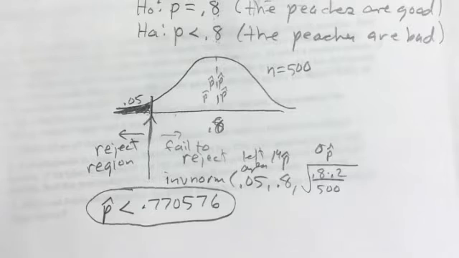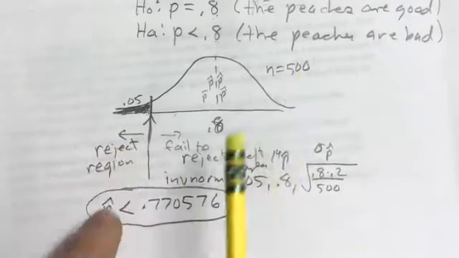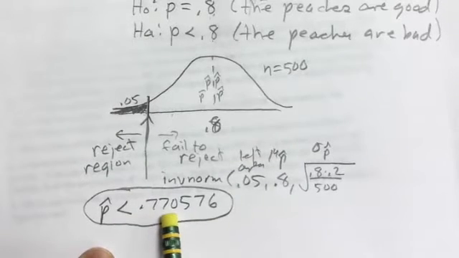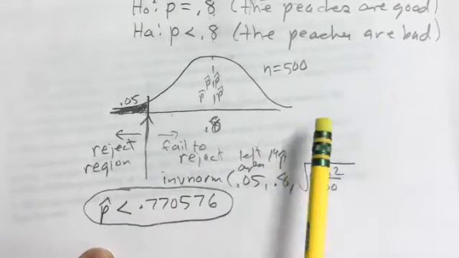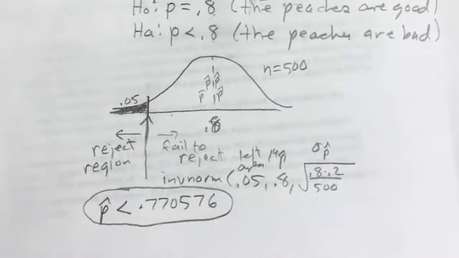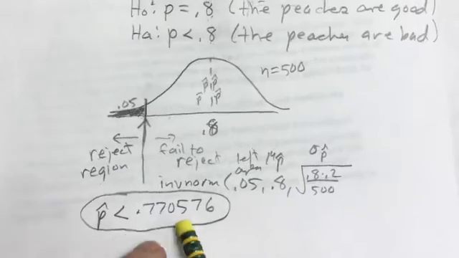He just sees a bunch of peaches come in and takes a random sample of 500 of them. If he gets a p-hat below that, he rejects the whole truckload. If he gets a p-hat above that, he does not reject the whole truckload. So he will never know whether or not he's rejecting a good truckload. He's just going by this rule.